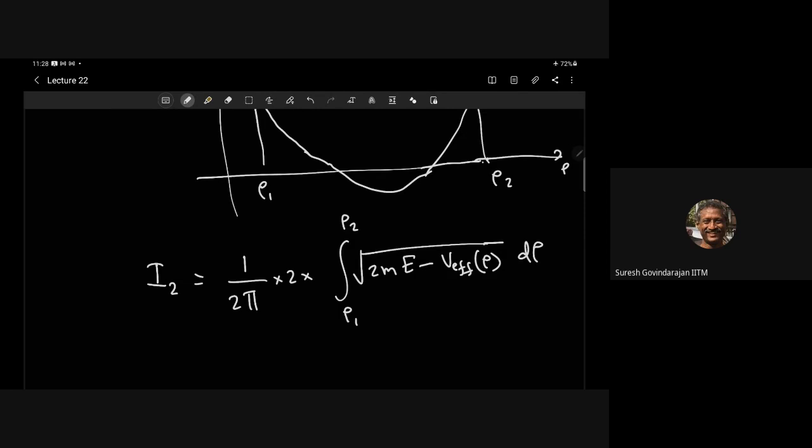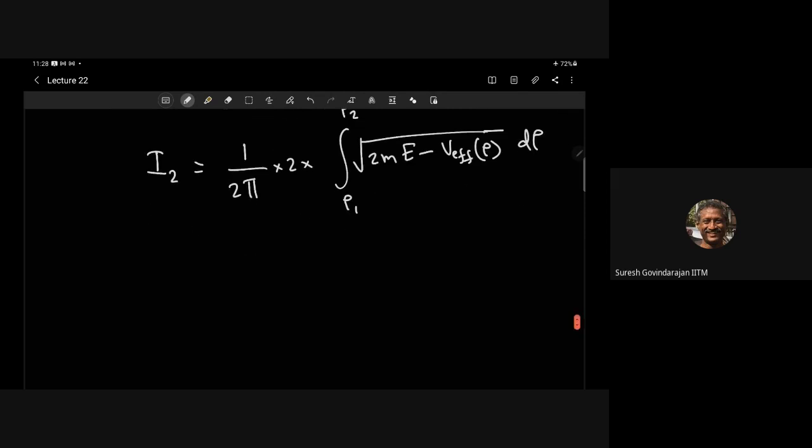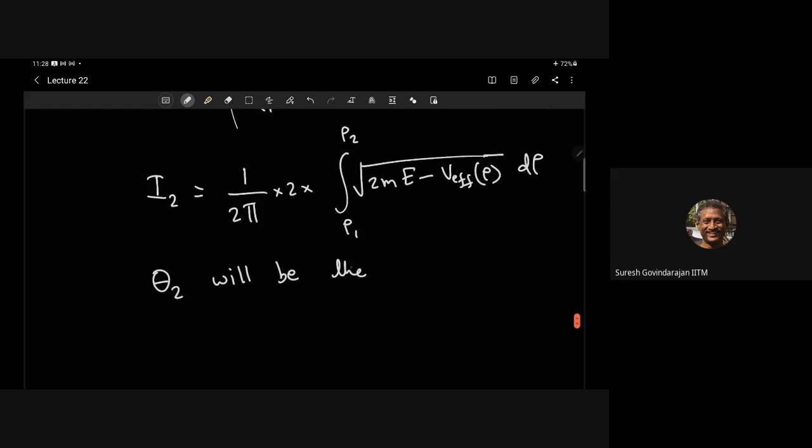So this is what we have to do, and there will be a theta 2, which will be the variable conjugate to it. Okay, so this is formally like what we did for the 1D problem. So in principle, we cannot do this integration.